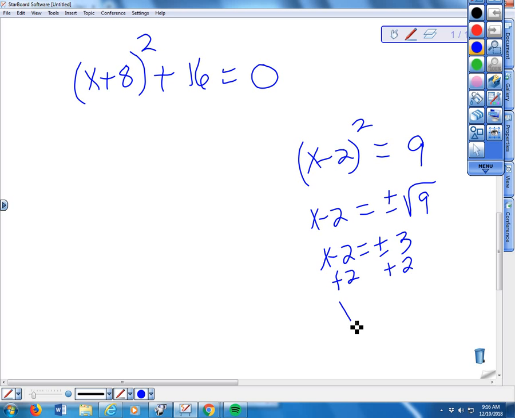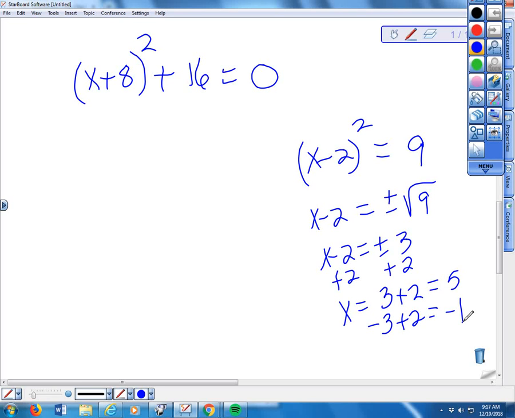So I have x is equal to positive 3 plus 2 or negative 3 plus 2. So those are my two solutions. Remember from, okay. So it's the same process, it's no different, but now we're going to end up with imaginary numbers in our answer.